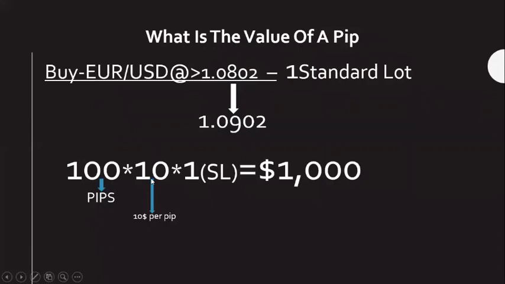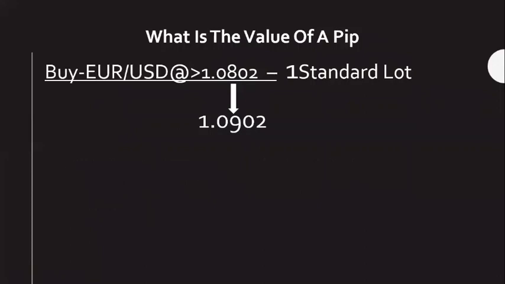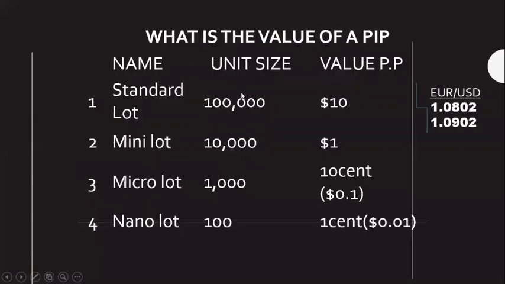Why is it times 10? We know that the unit for one standard lot is 100,000, which is equivalent to $10 per pip. That's the value per pip, $10.